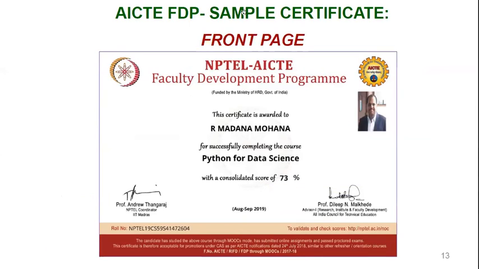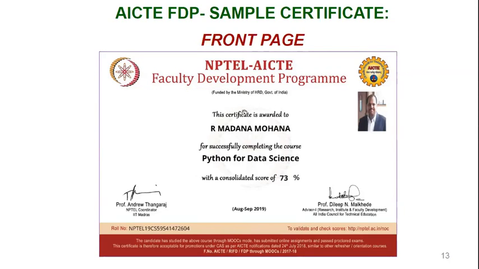This is the front page of the FDP certificate. Here you can observe NPTEL and AICTE, so both names are there, Faculty Development Program, with the NPTEL logo and AICTE logo. This is an official certificate provided by AICTE NPTEL, so officially you can project it as an FDP certificate.